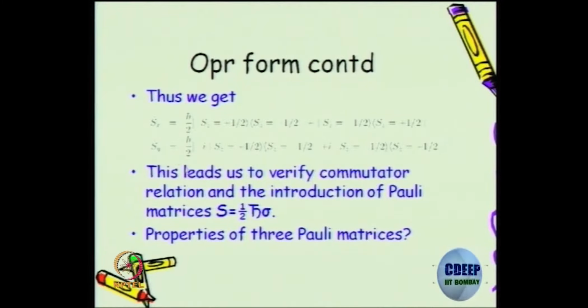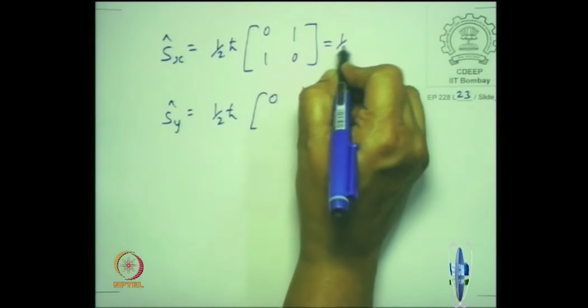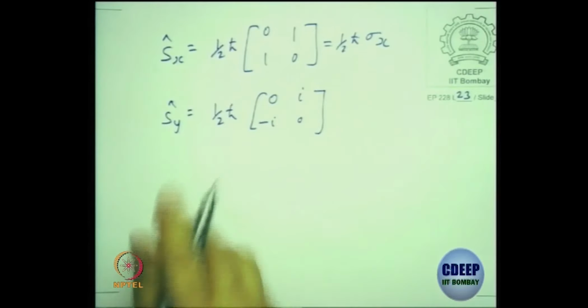So write the matrix form for the Sx and Sy and figure out what is sigma x and sigma y. Can you write it down? Matrix form for the Sx operator, this will be half H cross sigma x. Note that each of them is Hermitian.